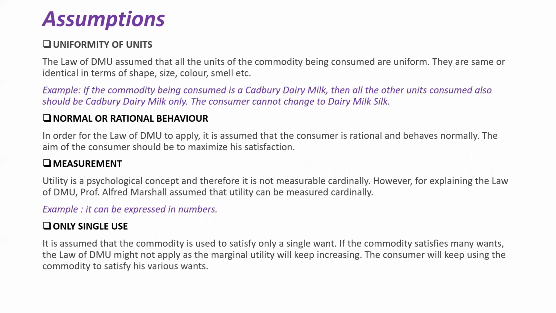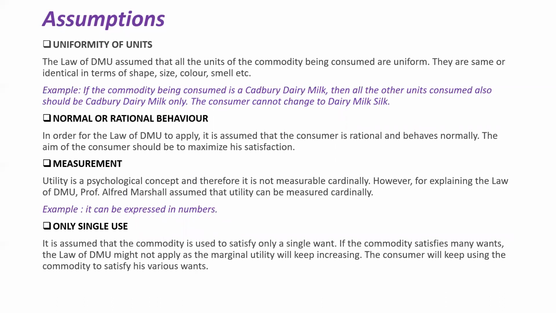Uniformity of units. The law of diminishing marginal utility assumes that all the units of the commodity being consumed are uniform. Or we can say that all the units of the commodity which we consume are identical in terms of shape, size, color, and smell. For example, if the commodity being consumed is Cadbury Dairy Milk, then all other units consumed should also be Cadbury Dairy Milk.